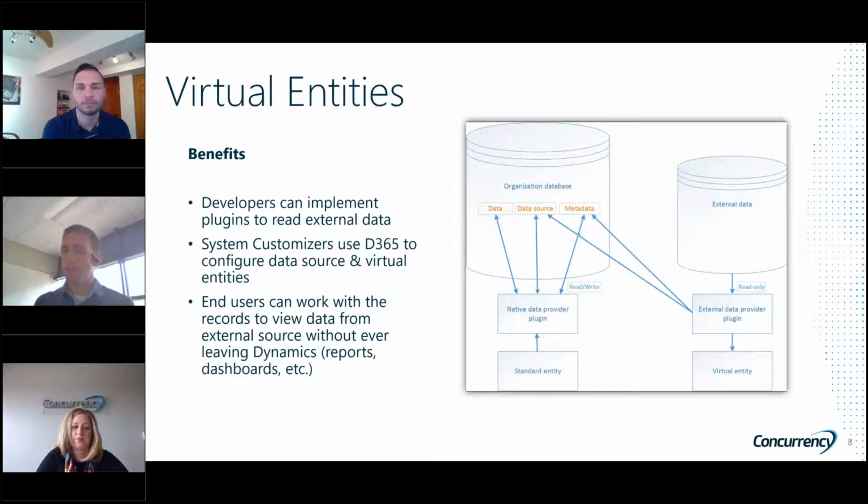So what would be an example of external data that I could pull in and reference within the Dataverse? That would be something I could kind of put my finger on. Yep, inventory is something that we see a lot. So a salesperson needs to check inventory in an ERP system or another application as they're working deals.